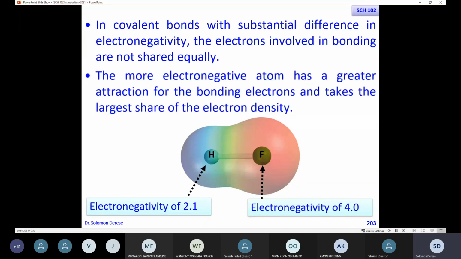So one of the most important factors that determines the degree of polarization of a bond is differences in electronegativity between the atoms that are involved in chemical bonding. The more the difference, the more polarized is the bond.